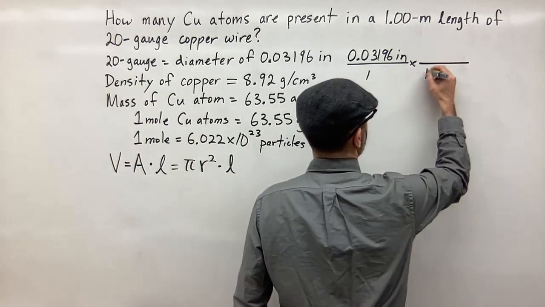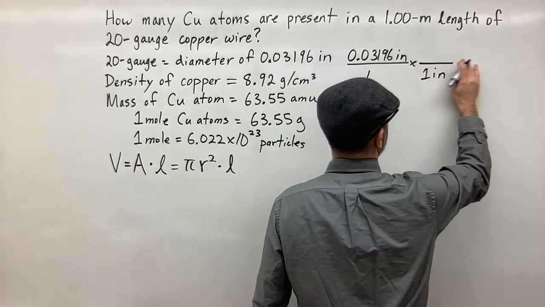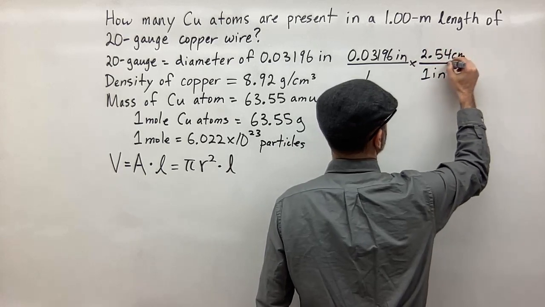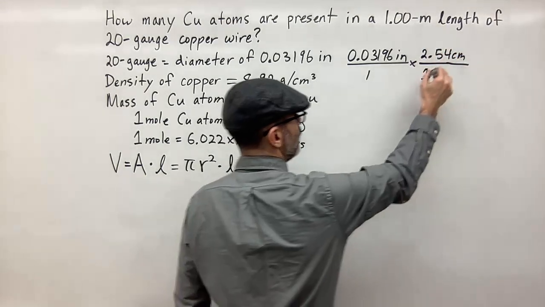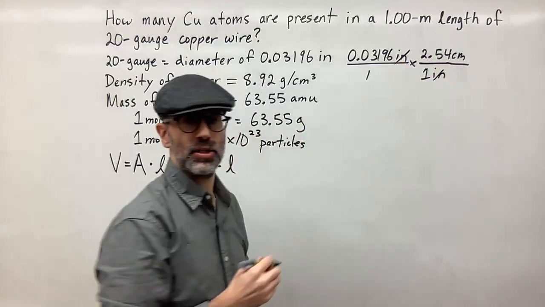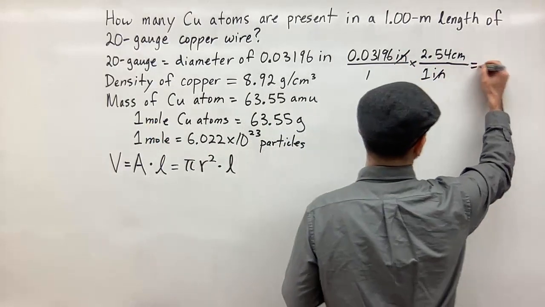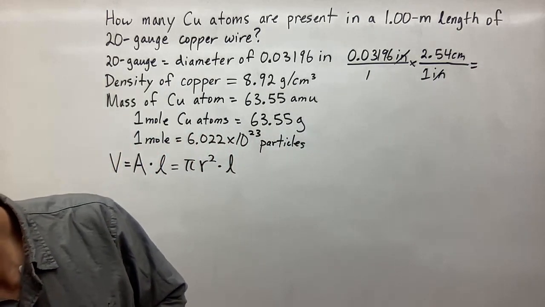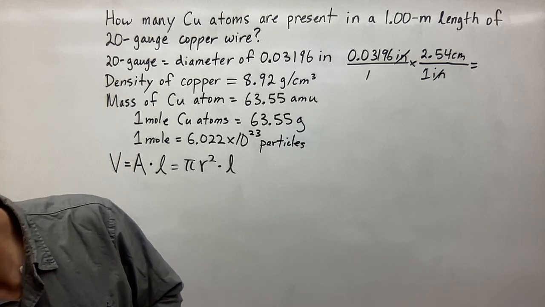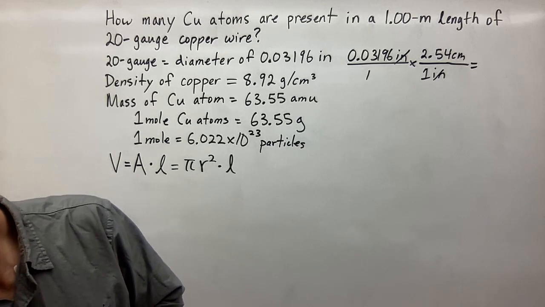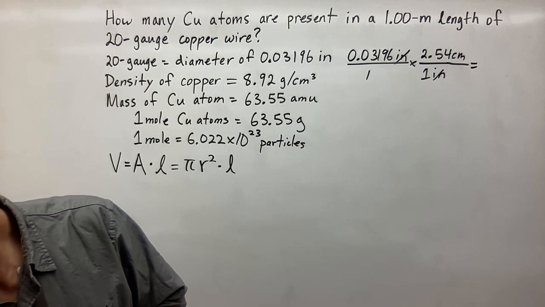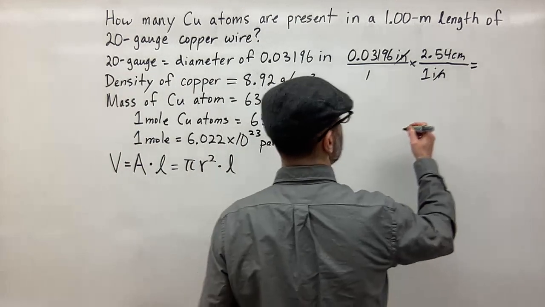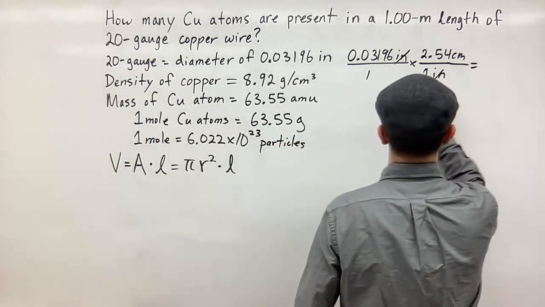Okay, so I have 1 inch on the bottom, and I have 2.54 centimeters on top. Inches are going to cancel out. Now I have centimeters, and when I calculate this out, I get 0.0811784.